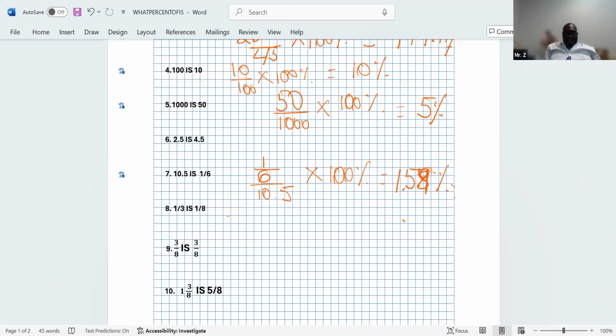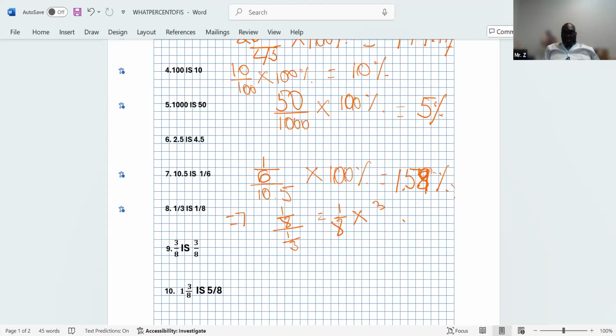So number 8 is the same reality. So we are doing 1/8 divided by 1/3. At the end, you have to multiply that by 100%. You can solve this fraction divide at the end, or you can divide right now. But if you divide, you make sure that you keep the entire value of your decimal. So this is going to be 1/8 multiplied by the second fraction, but you have to flip it.